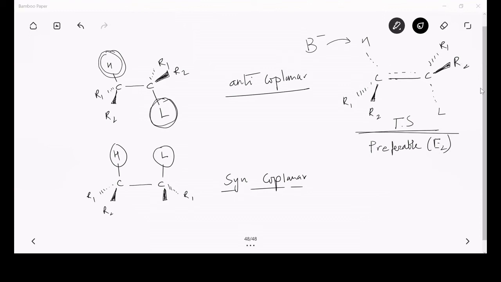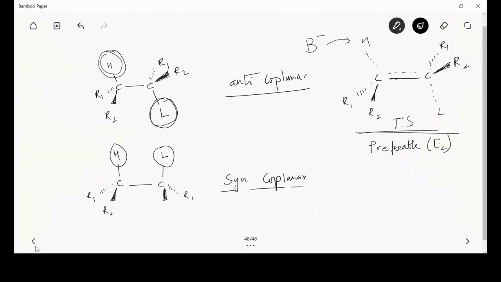Now, whatever I have told you about the preference of stereochemistry in case of E2 reaction, there are some exceptions.